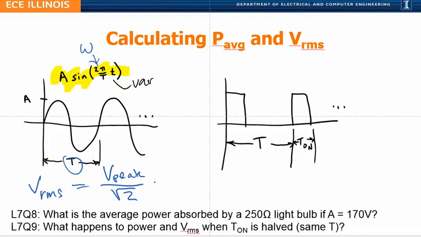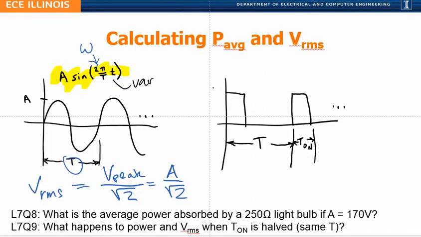Remember, the average power is just peak power divided by 2. So it would imply that the RMS voltage is peak voltage divided by square root of 2. So in this case, it would be A over square root of 2, for the problem above.